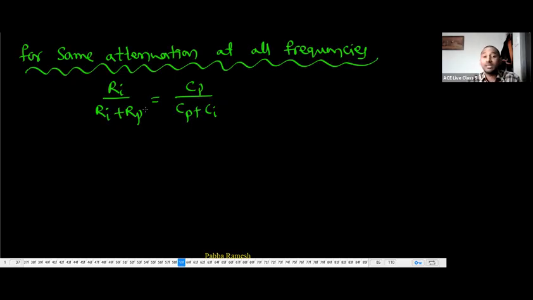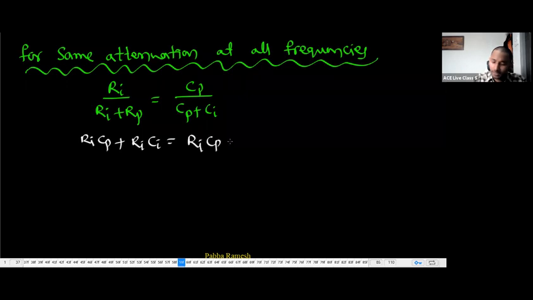Our requirement is to maintain the same drop. In order to maintain the same drop, the manufacturer should design the CRO probe with a condition that we are going to take now. What is that? These two should be same. Therefore, RiCp plus RiCi is equal to RiCp plus RpCp. Here RiCp cancels.